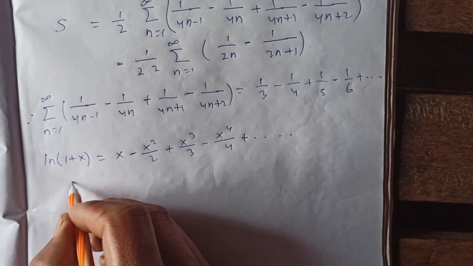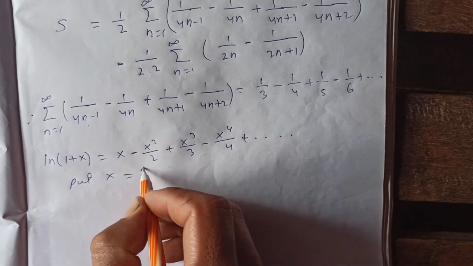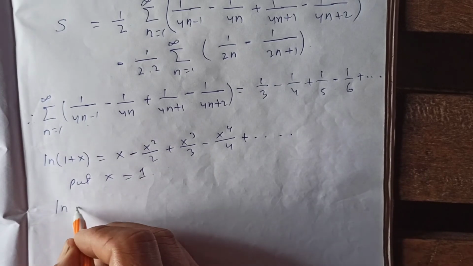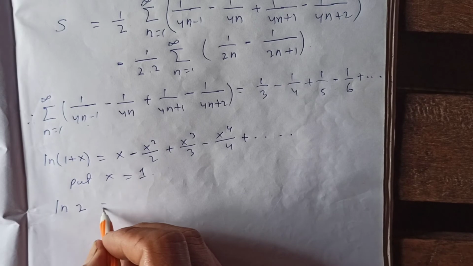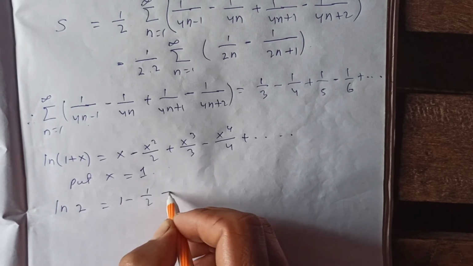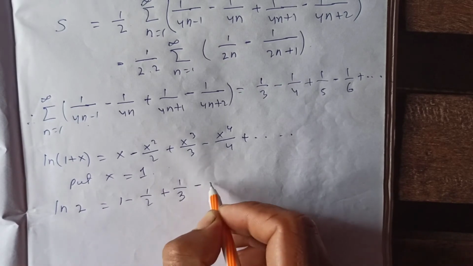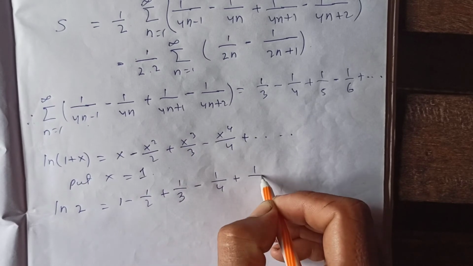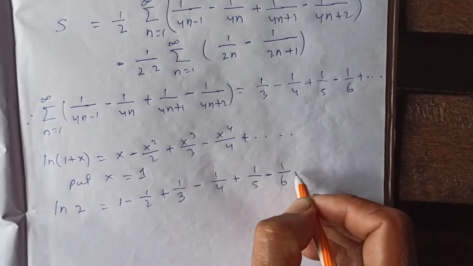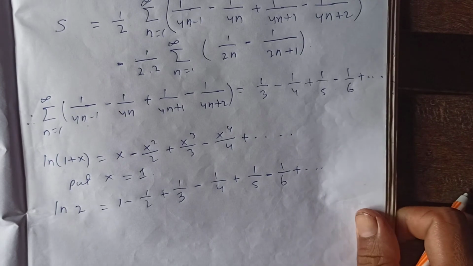Now if I put x equal to 1, this will be natural log of 2, which is equal to 1 minus 1 over 2 plus 1 over 3 minus 1 over 4 plus 1 over 5 minus 1 over 6 and so on, right?